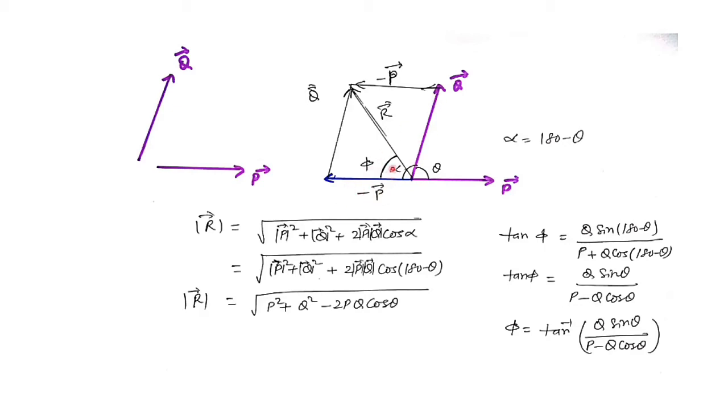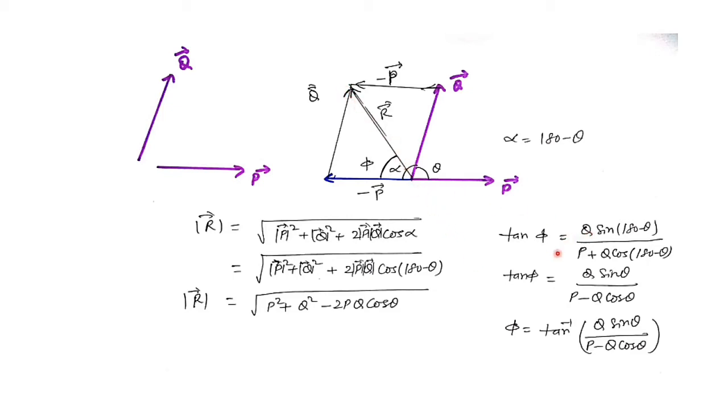Now if you see, again in the same way, this is theta, then this is alpha, alpha is of course 180 minus theta. I can write the result. Magnitude I am getting the same for the resultant, but of course you could visualize that the direction has changed. Earlier the direction was downward, now it is upward.